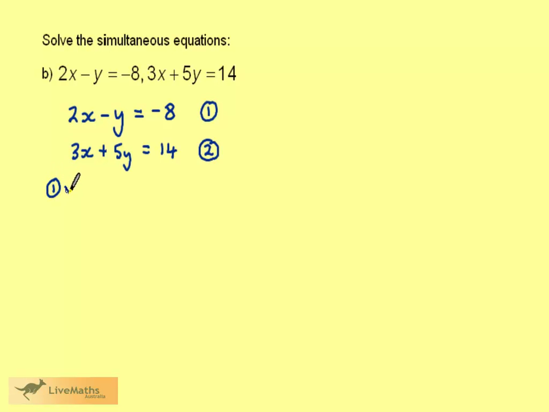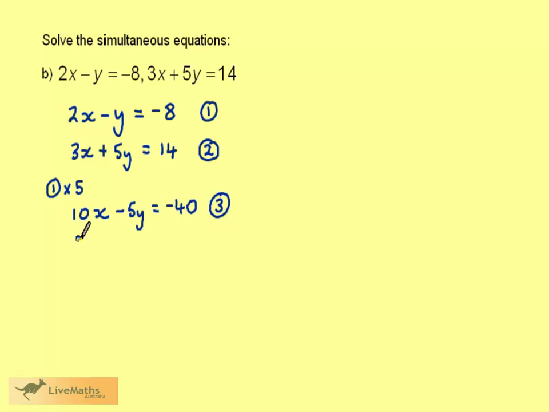If we multiply equation 1 by 5, however, we get 5 times 2x, which is 10x, 5 times minus y, minus 5y, and 5 times minus 8, which is minus 40. Call this equation 3.